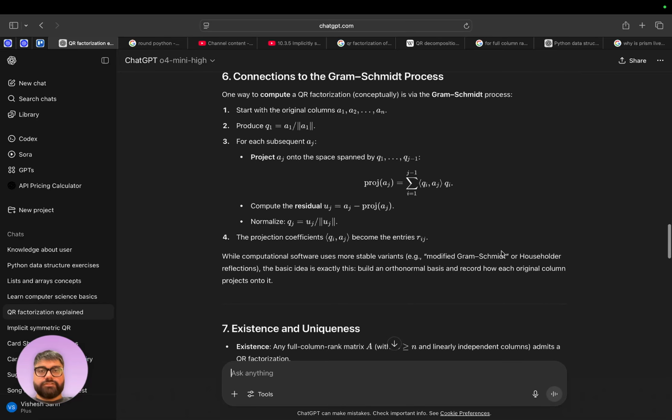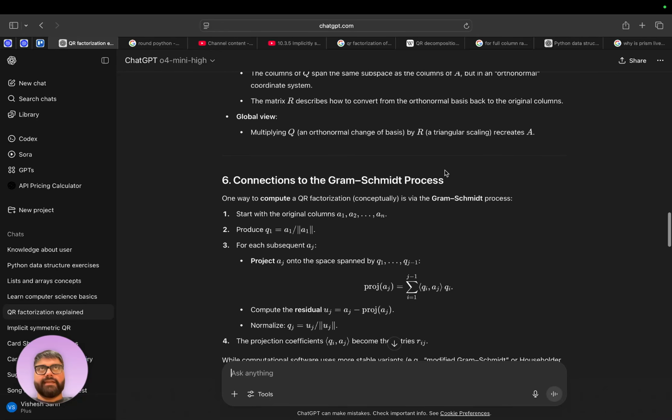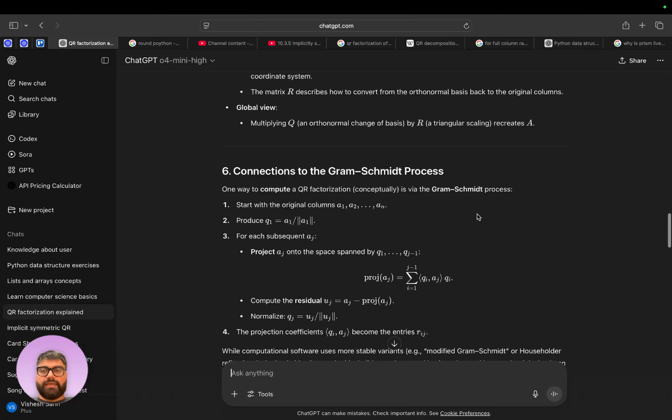Connections to the Gram-Schmidt process. We've already done the Gram-Schmidt process, but this is where I started realizing I'm not thinking about this right, because I noticed this on a couple of other pages that I looked up. Essentially it's like finding eigenvalues and eigenvectors. That's just a truth, and the way we were doing it is a method to get eigenvalues and eigenvectors with certain conditions.